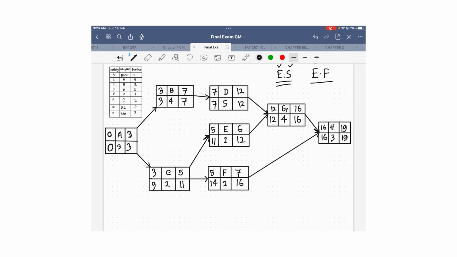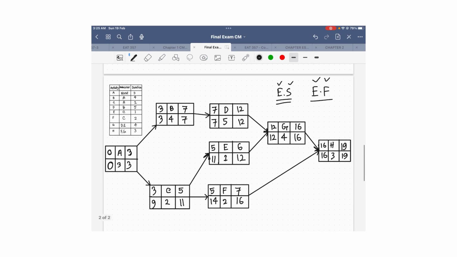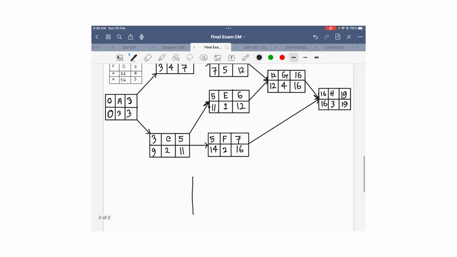Once we finish the forward and backward pass, I'm going to find out the critical path in this question. So how can I get the critical path? You can see here, I forgot to draw the box.